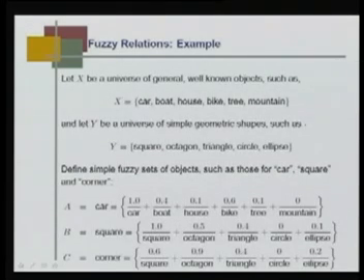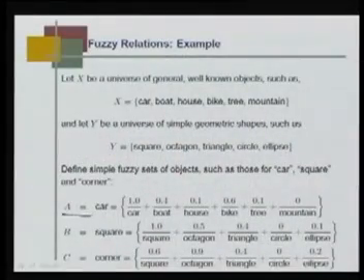This is a question I pose. My question is how close an image of a car is to those of either a car or a boat or a house or a bike or tree or mountain, and I create a fuzzy set and I call that fuzzy set car. So, my fuzzy set A is the car fuzzy set.